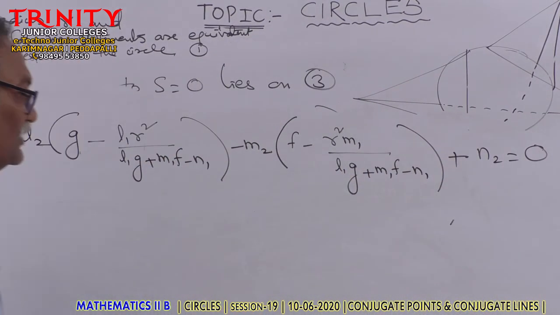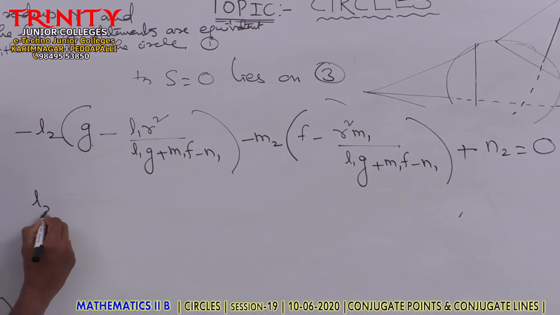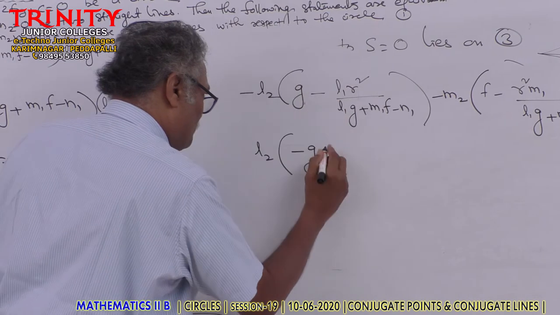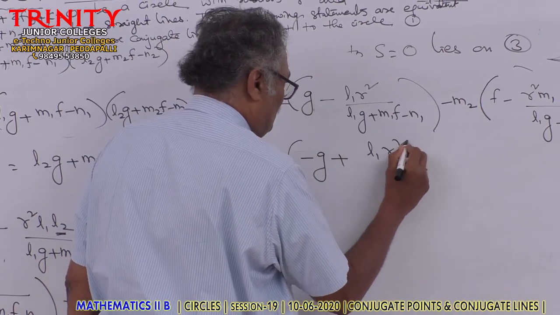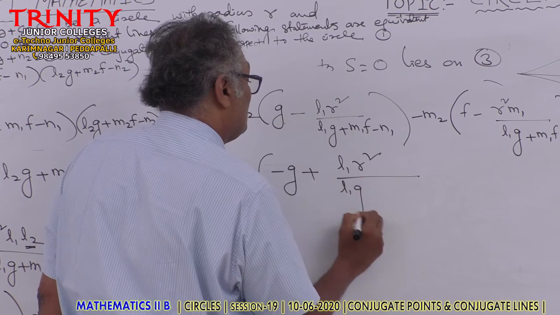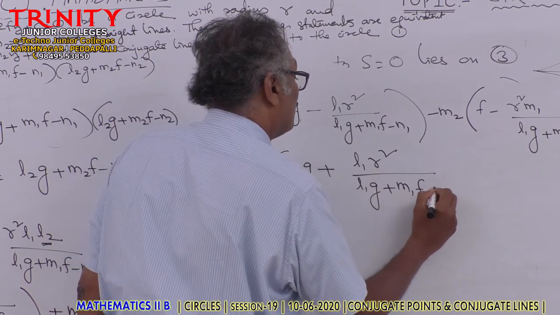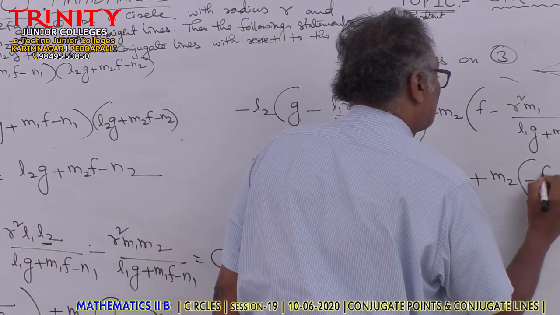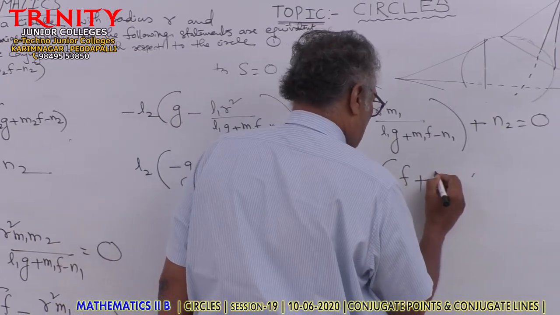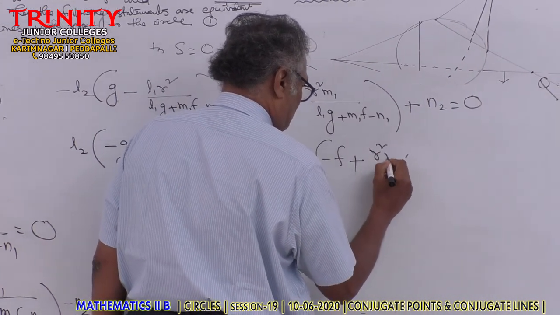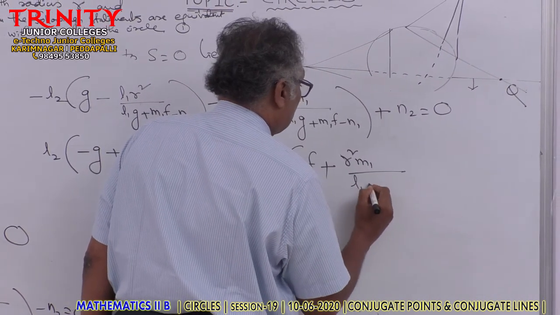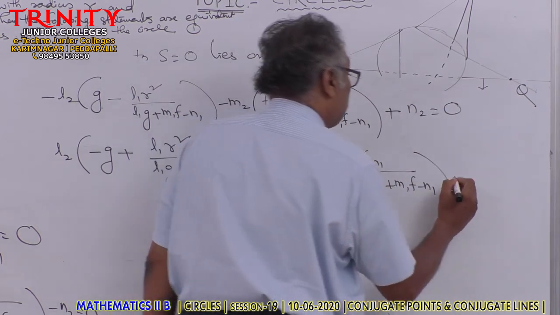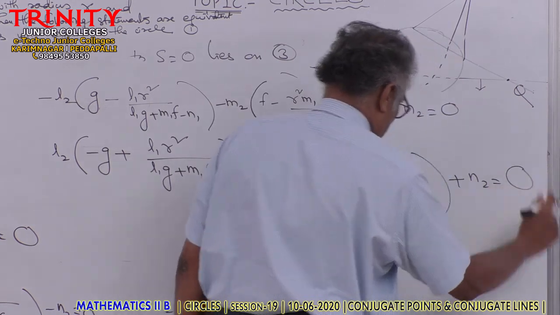Okay. Now, write this one as L2 into minus g plus L1 r square by L1g plus m1f minus n1, plus m2 into minus f plus m1 r square by L1g plus m1f minus n1, plus n2 equals 0.